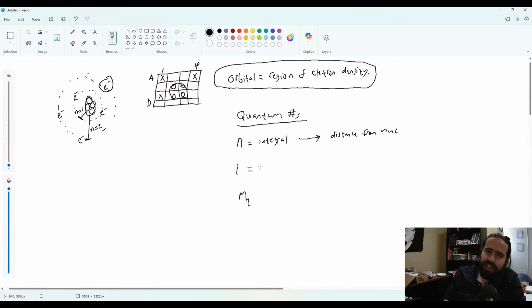The L value stands for angular momentum. But for the purposes of our discussion, we could just say this is a shape. What's the shape of the orbital? The n value is how far away the orbital is from the nucleus. The L value says what is the shape of the orbital.